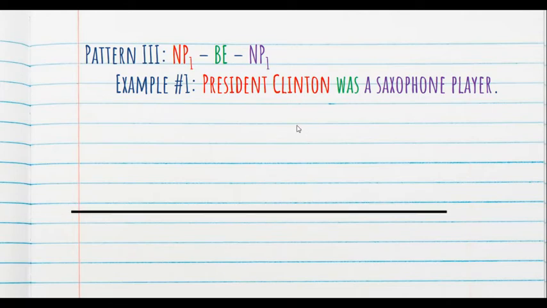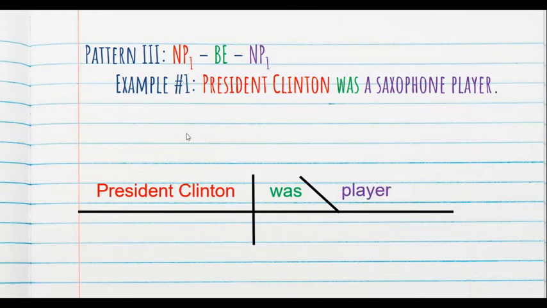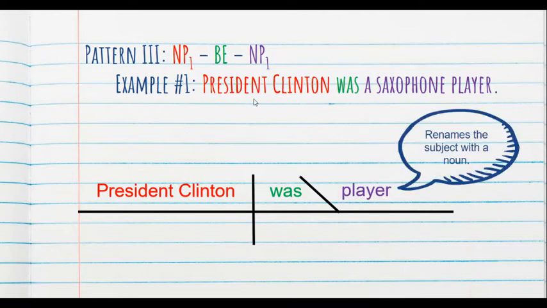All right, so this is one of the rare times you're allowed to put more than 1 word on a line, because his full name, or at least the name we're using in the sentence, is President Clinton. So therefore, I could put that as 1 full noun. Usually, I wouldn't let you put more than 1 word on a line, but in this case, that's his name. Here's our to be verb was, and then we have a saxophone player, but he's not a saxophone, he's a player.